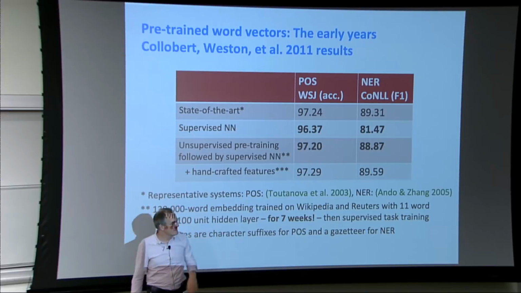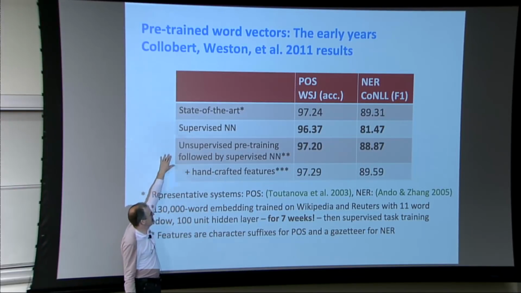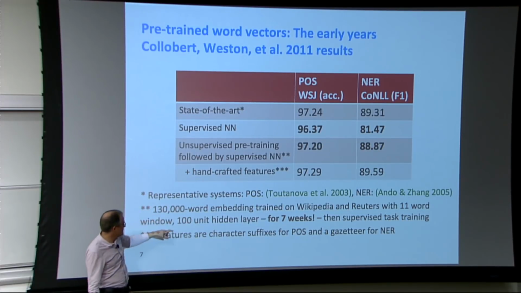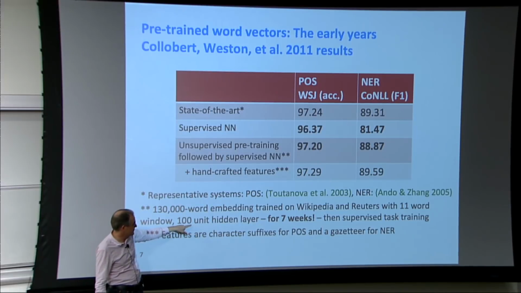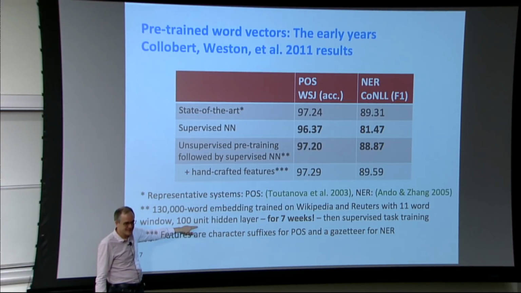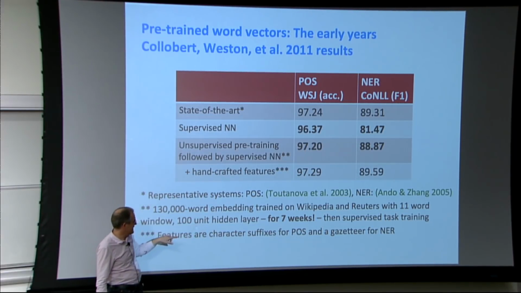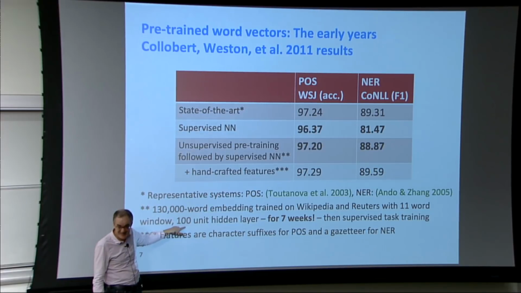Why wouldn't anybody? But then people came up with the idea that we could do unsupervised pre-training of word representations to come up with word vectors for words. In those days, this was very hard to do, both because of the kind of algorithms and the kind of machines that were available. Collobert and Weston in 2011 spent 7 weeks training their unsupervised word representations, and at the end of the day, they were only 100-dimensional.